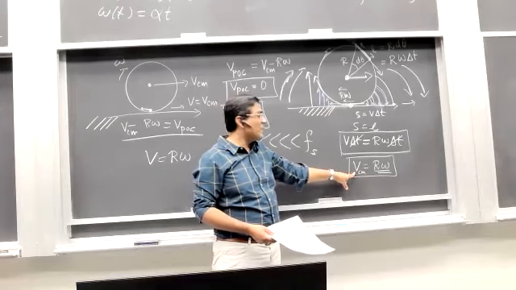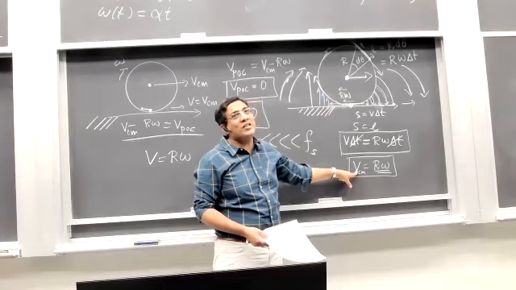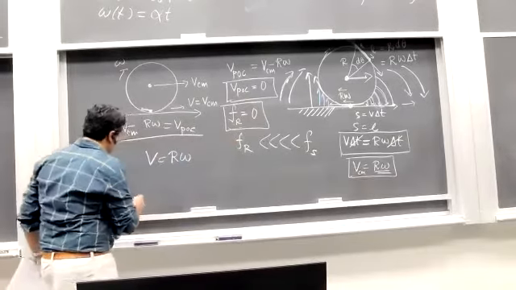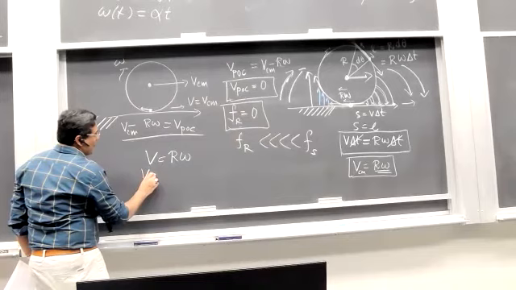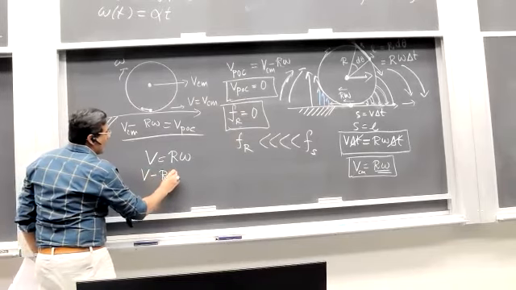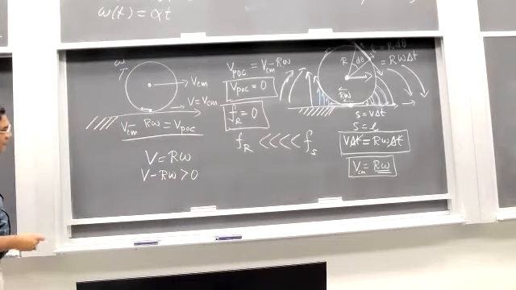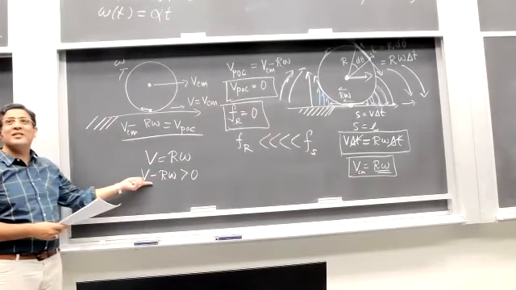If the velocity is larger than r omega, then you are skidding. If the velocity is less than r omega, then you are also skidding. Okay, and that is precisely what happens when v minus r omega is greater than 0. That is what happens when you apply brakes.